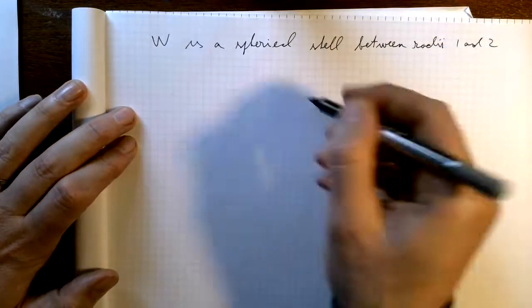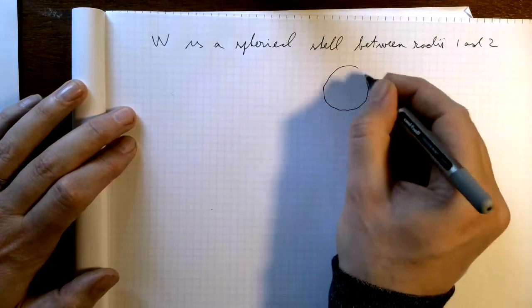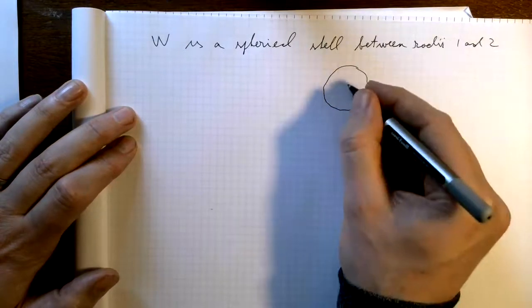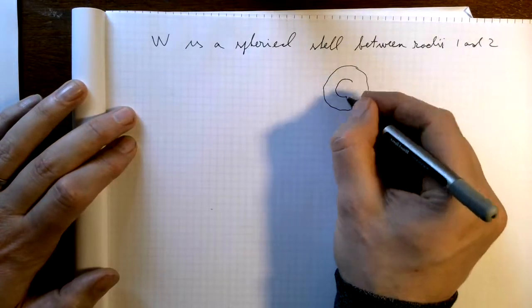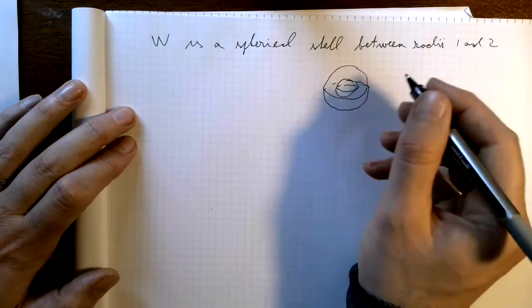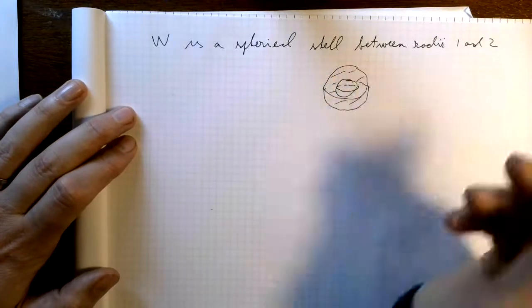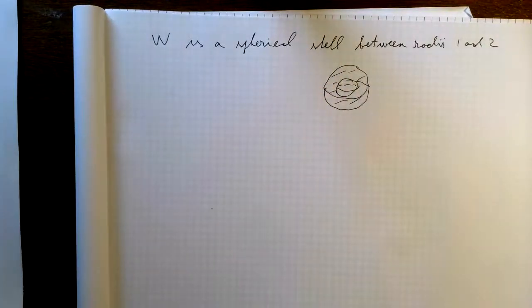That means it's a big ball of radius 2 with a little ball of radius 1 cut out, right? It's the thing in between radius 1 and radius 2, right?